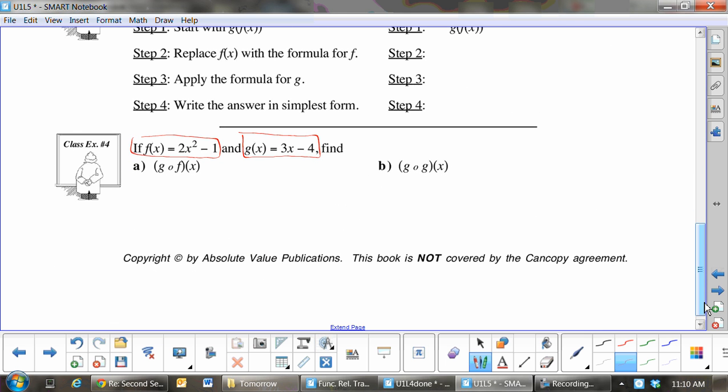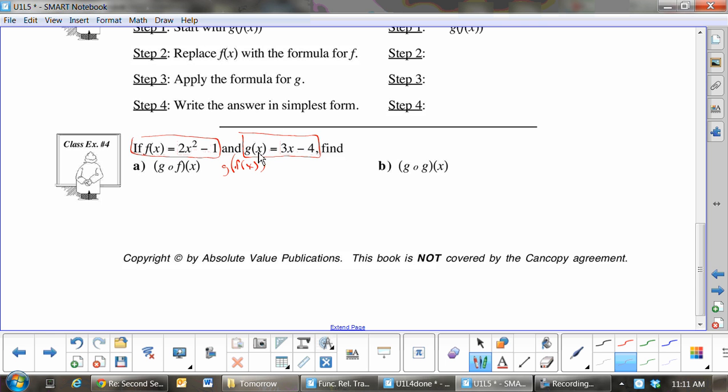Now, I don't like that form, so I always turn it into g of f of x. For some reason, this makes more sense to me because I can see f of x inside g of x. Right? Why? Because f of x is inside g of x. So what I'm going to do is take f of x and put it inside g of x.